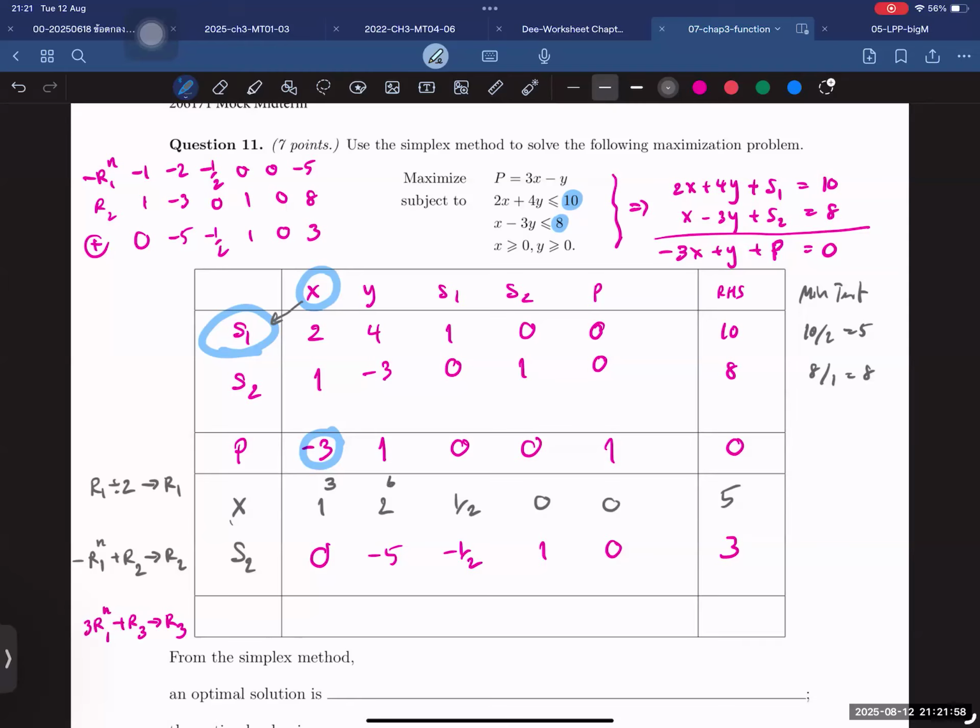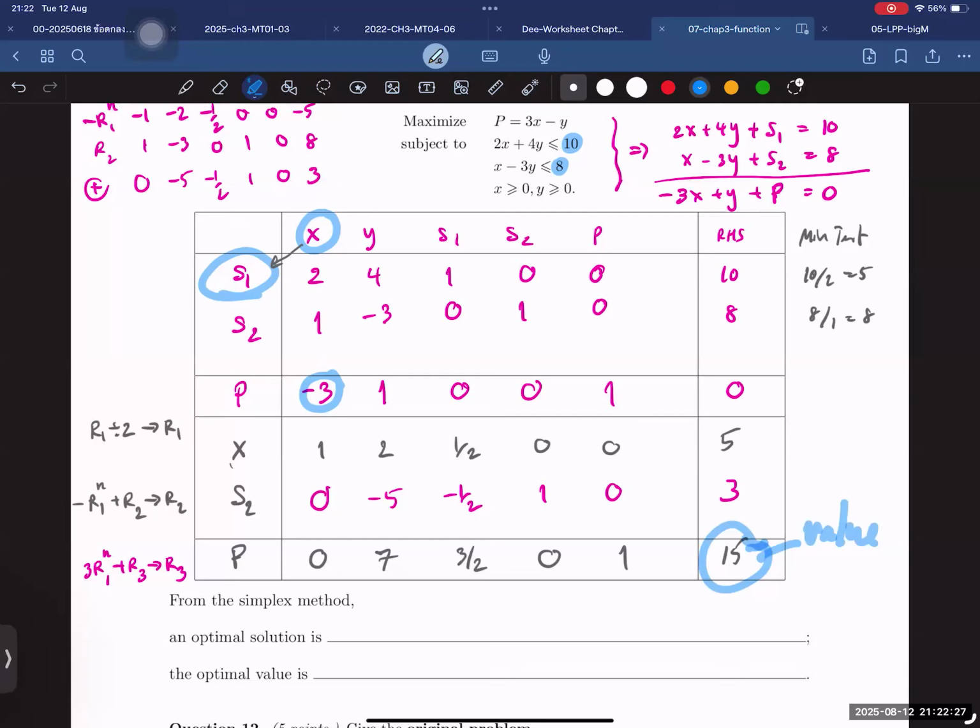So I erase all that. Okay, that's it. We have no negative value here. Therefore, from the simplex method, you can read that the optimal value is 15. The optimal solution is the value for x and y.